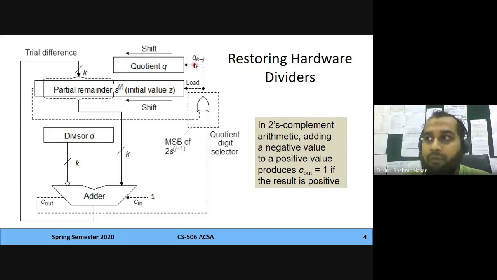So the MSB is determined first, and then it moves to the left till it reaches its right position. This is your divisor register, this is your quotient register, and this is going to be your shift register, right? And this is actually the dividend itself as well.